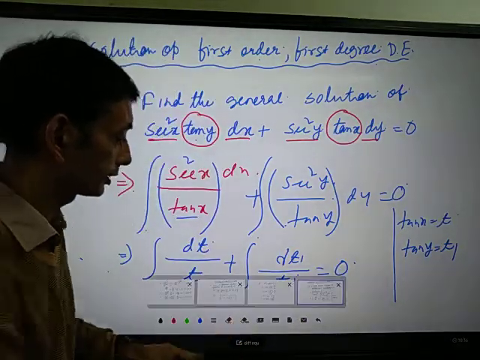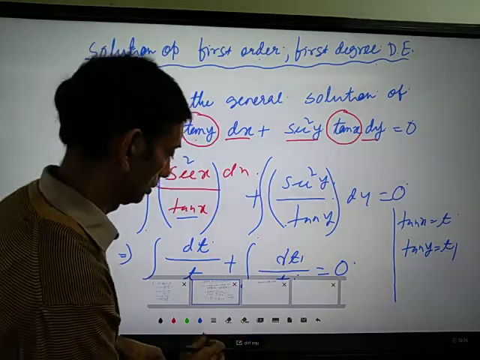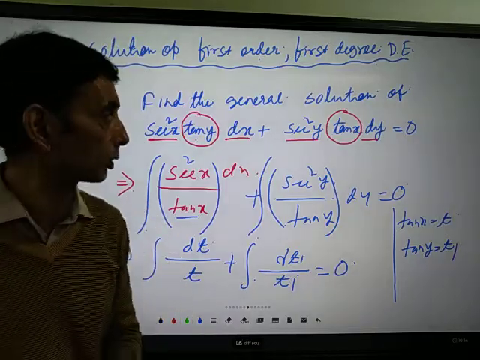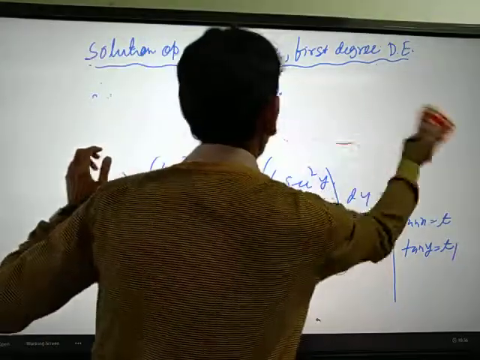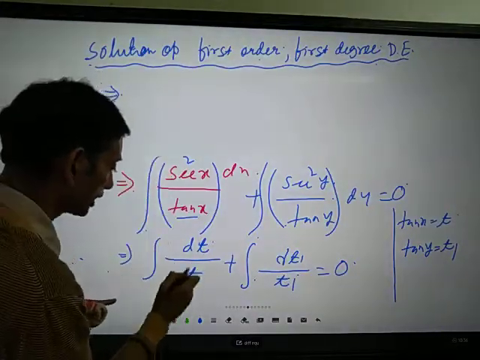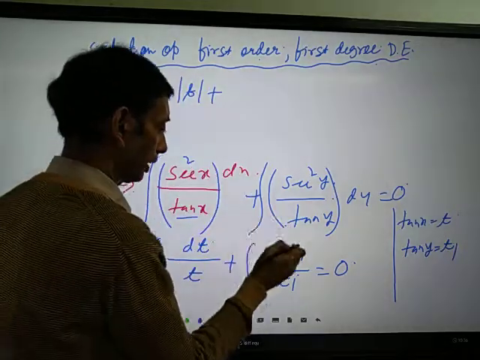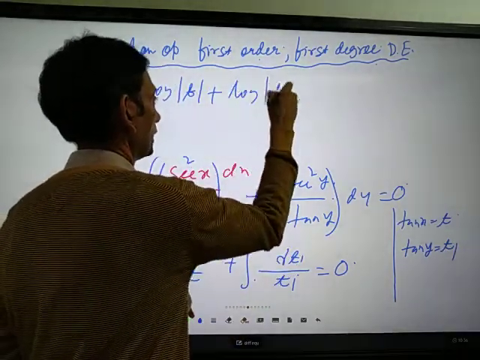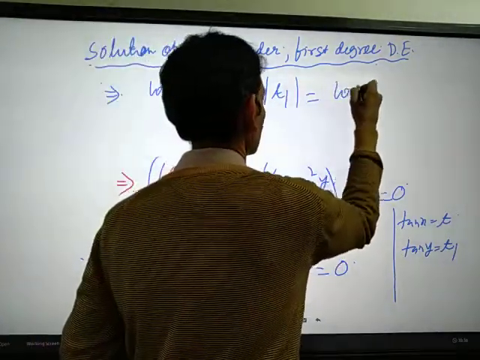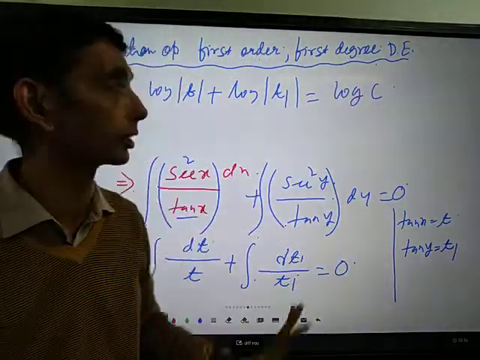We can just solve the steps here only. Now, the integration of dt by t is log mod t, plus dt1 by t1 gives log t1, and we can take a constant of integration. You can just take the constant in terms of log, that is, log c.